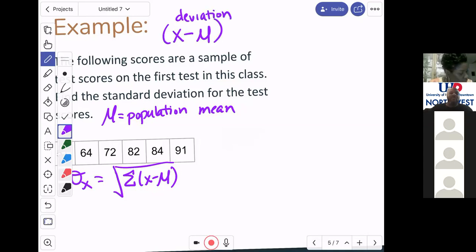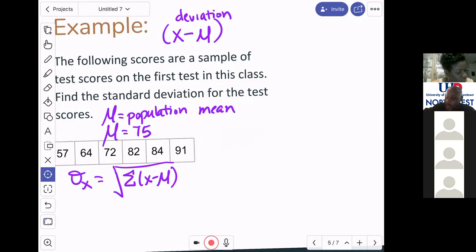A deviation just tells you how far away from the mean you are. So assuming this was the population, our mean mu is equal to 75.